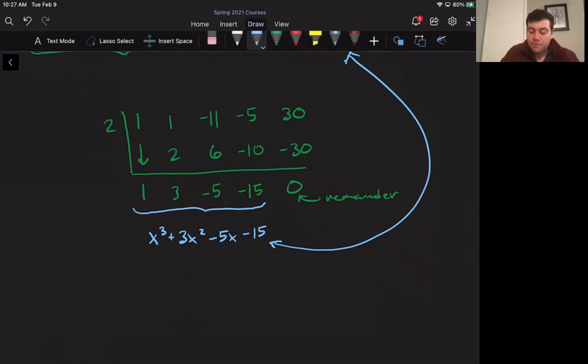But in general, the 0 at the end tells us it's a remainder. If we had something that was not 0, that implies not a root. And the only other problem with synthetic division is that it's hard to do.